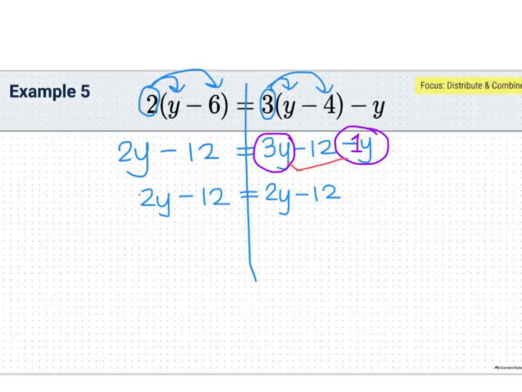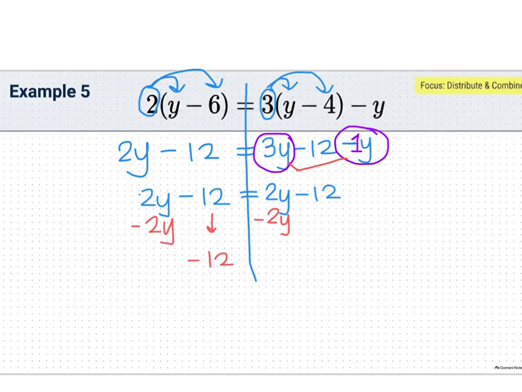Okay, so now I have variables that I need to move to the left side. So I'm going to subtract 2y from both sides. Okay, so a weird thing is happening here. On the left, my 2y's cancel out, leaving me with just the -12.